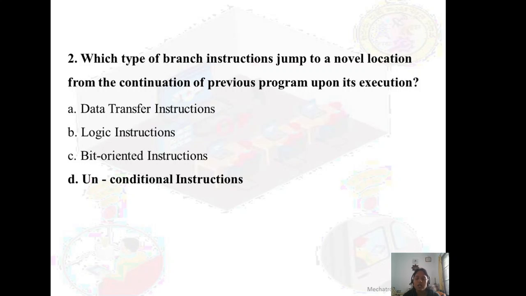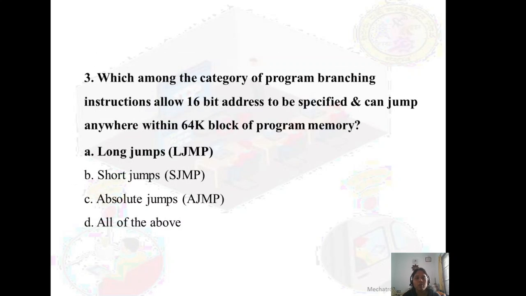That is unconditional instructions. Which among the category of program branching instructions allows a 16-bit address to be specified and can jump anywhere within the 64K block of program memory? LJMP, SJMP, AJMP or all of the above? I have already told you it is long jump.